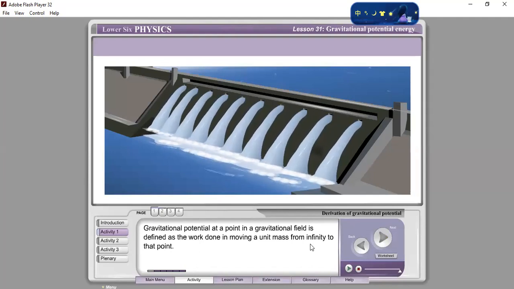So today we will learn gravitational potential first, then we learn gravitational potential energy. These two things are slightly different, the formulas differ a bit. So remember, gravitational potential is not equal to gravitational potential energy.